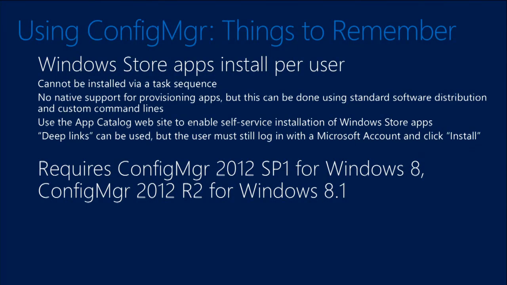Because they want to encourage you to use these user-centric models where you can use self-service capabilities, they don't provide any provisioning support in Configuration Manager either. So if you wanted to provision apps as part of a task sequence, again, remembering provisioning is registering the app on the computer so it automatically installs for each user when they log in, that's something you could do during a task sequence, but there's no native support in Config Manager to do that.